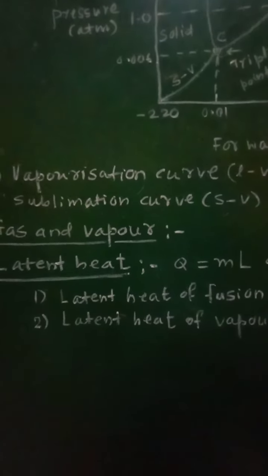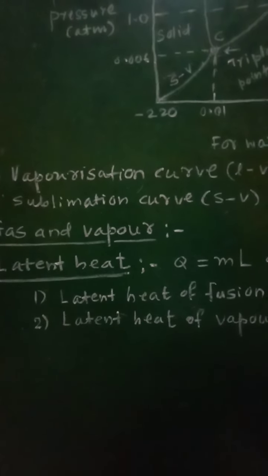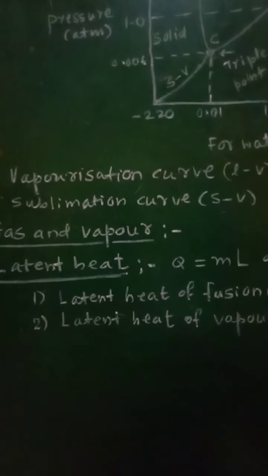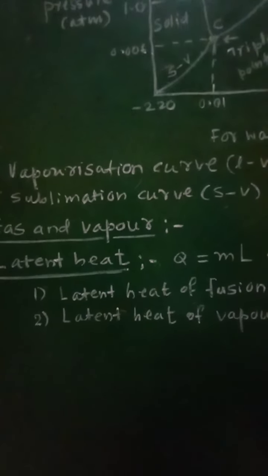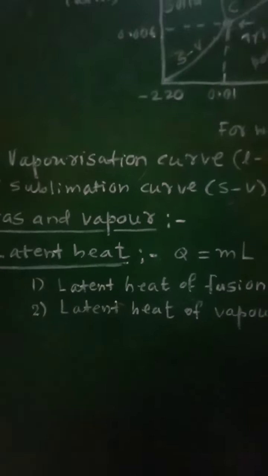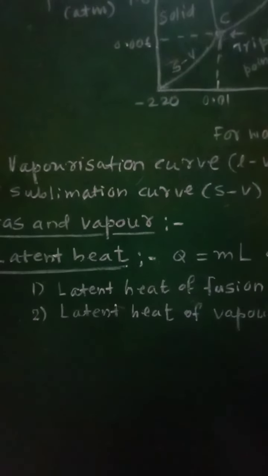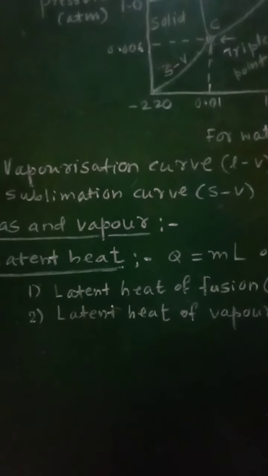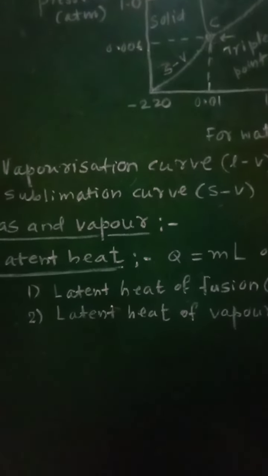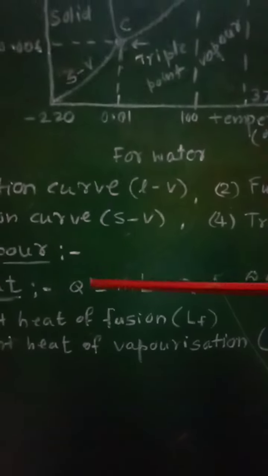Now consider the mass m of a substance which undergoes a change from one state to another. The quantity of heat absorbed or given out will be given by the formula Q equal to mL.